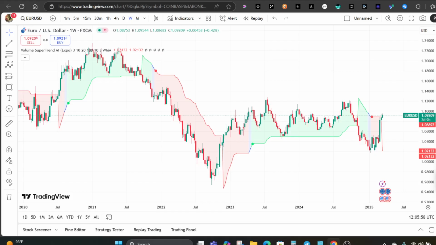It combines volume weighted moving averages with AI powered analysis using the K nearest neighbors algorithm to give more precise and reliable trend signals. If you are looking for smarter volume backed trade signals and a dynamic trailing stop system, then this indicator is for you. Stick around as we break down exactly how this indicator works and how to use it to enhance your trading strategy.